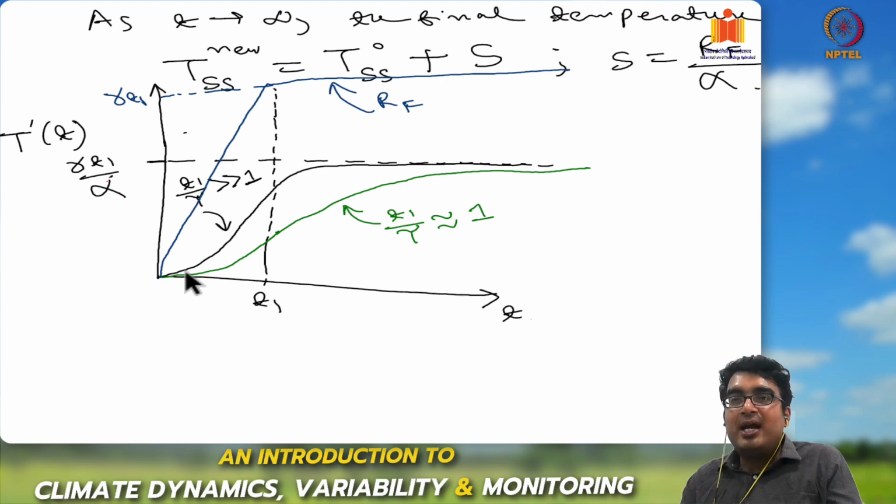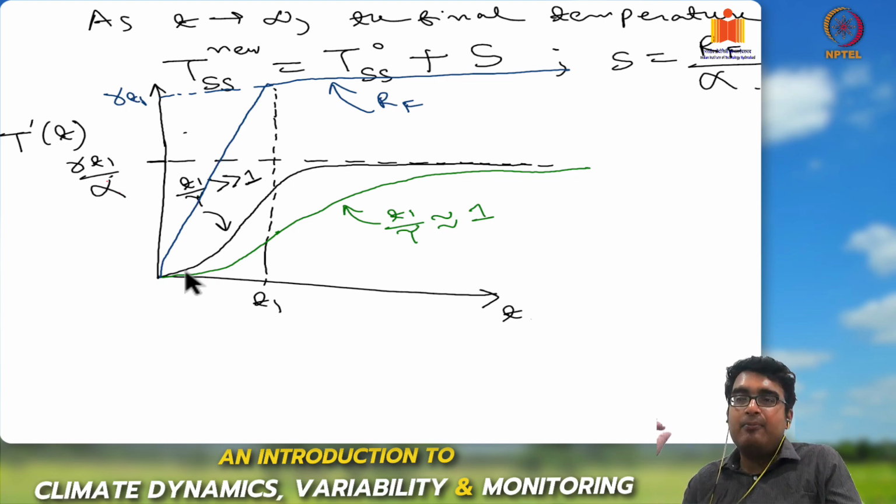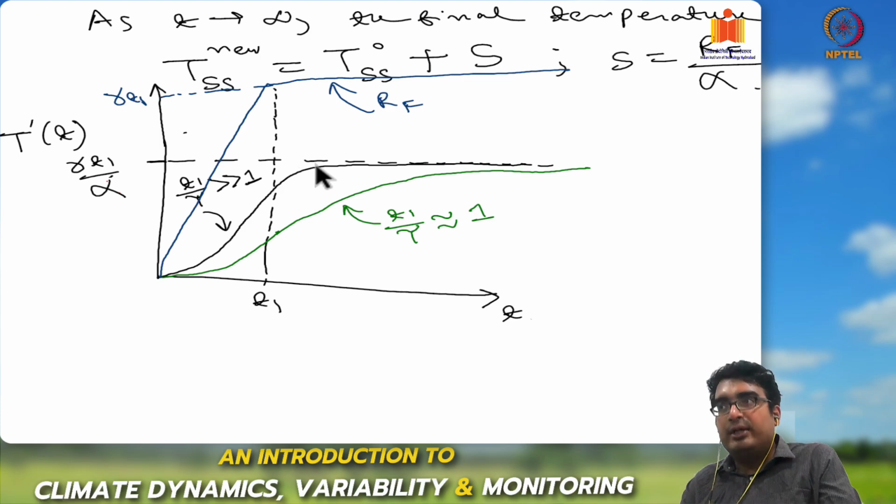Okay. So for 300 years, the radiative forcing was increasing linearly, and at the 300th year, it became constant. So in that case, you have T1 by tau equal to 10, which is much greater than 1, for example. There, the temperature response reaches steady state just beyond T1.